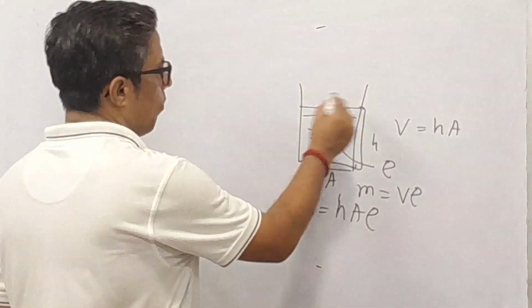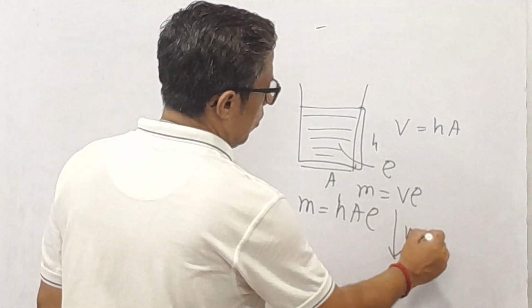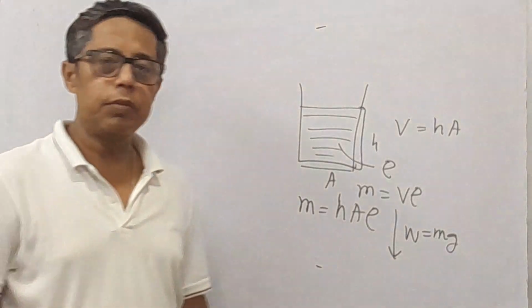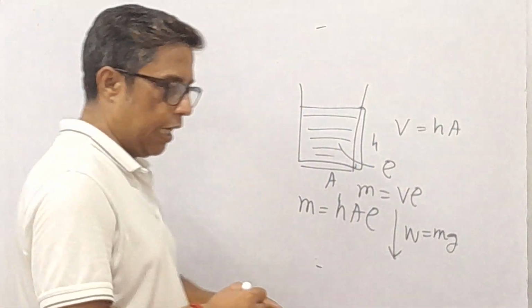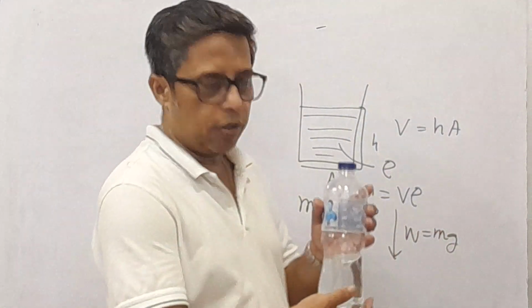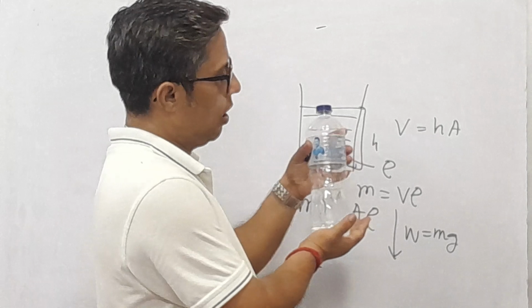Now, for this mass, the downward weight W is equal to mg. Let's take an example of this bottle. If I am holding this bottle like this, what is happening here?